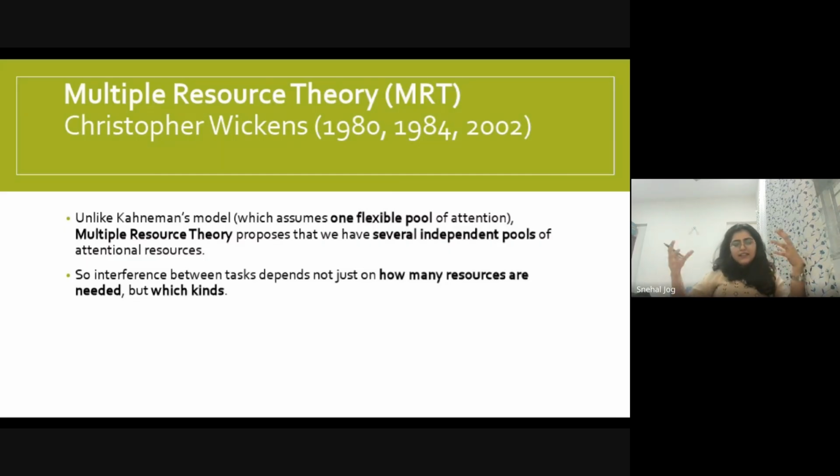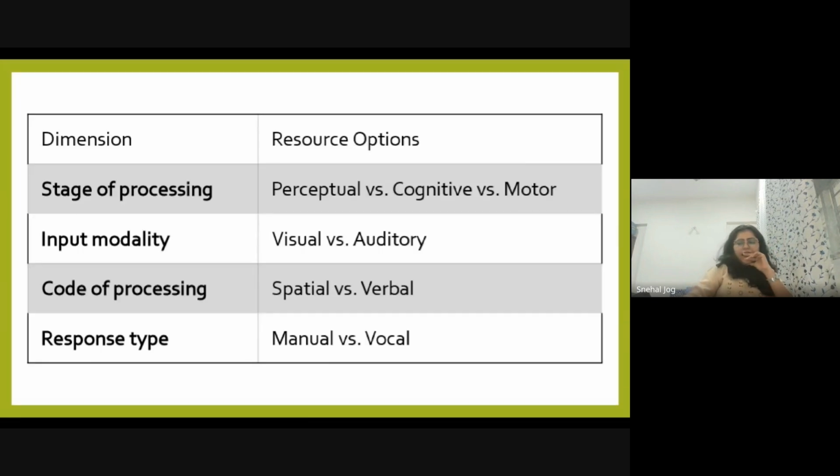As in, instead of looking at attention as one thing, we are looking at different kinds of attentions or attentional resources. Okay. So I'll show you a table which will make it a little easy for you to understand. Think of attention having various dimensions. Okay. So those four dimensions are stage of processing, input modality, code of processing, and response type.